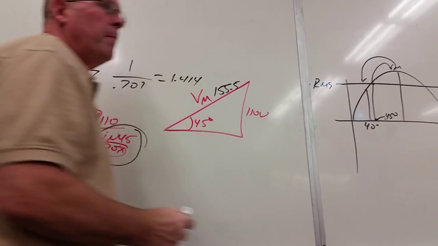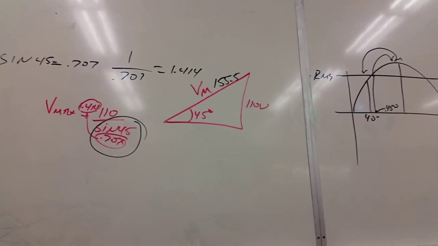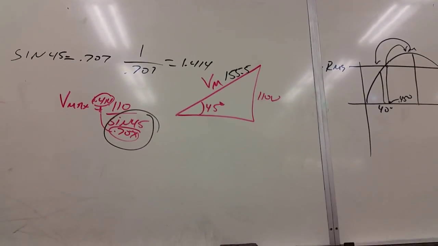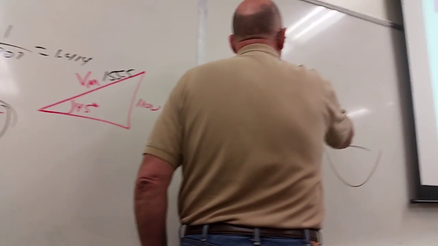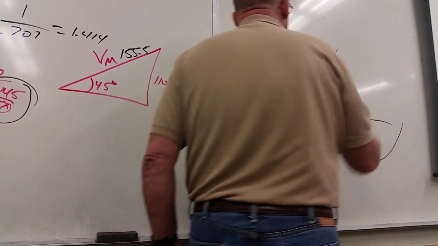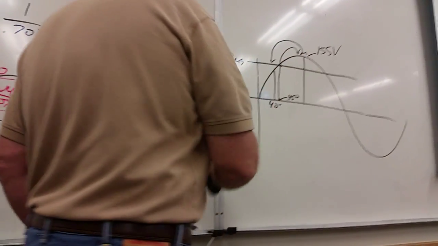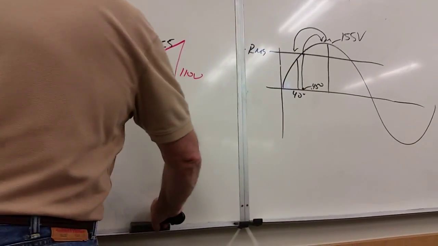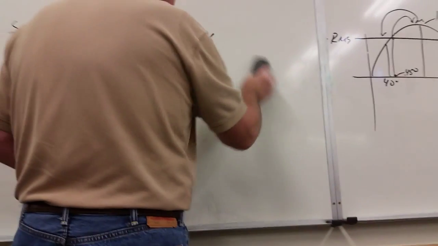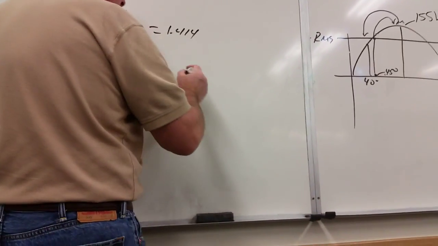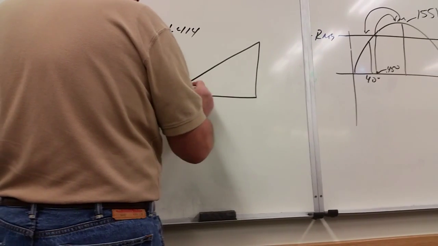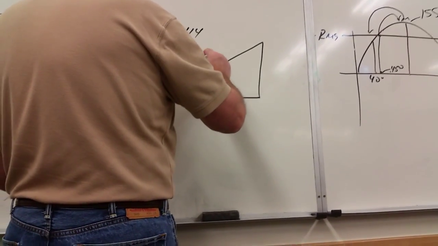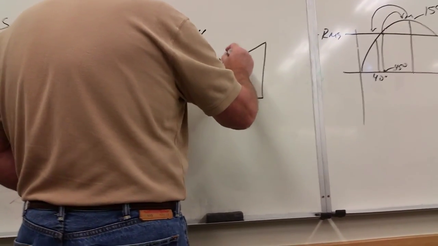So 1.414 times 110, or divide it by 0.707, what do we get? 155.5. Okay. Now, if we take that value and put it right here, now we're going back to 40 degrees. Now we're going to change this formula to what? To 40 degrees and 155 volts right here.